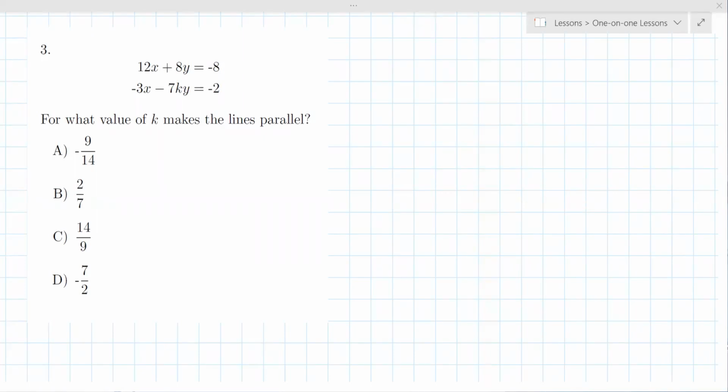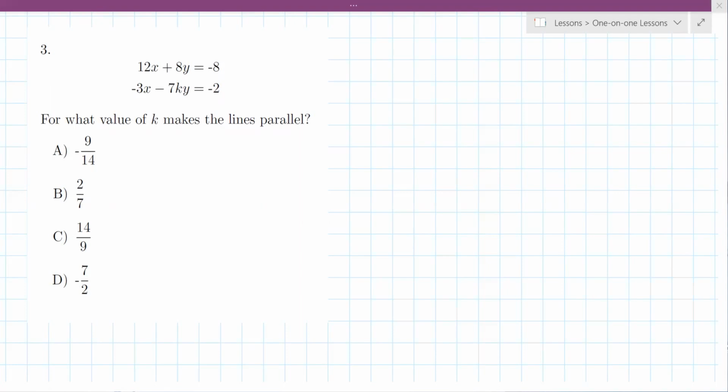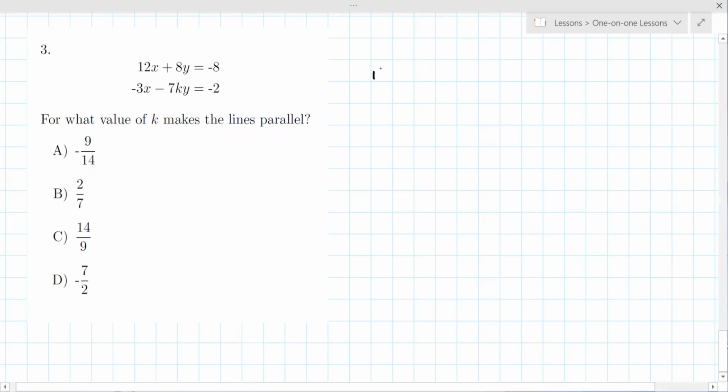I got -2/7. So maybe somewhere mine. Okay, so the closest one is B or D, and obviously there's a sign error somewhere in there. The slope of equation 1 is -12 over 8, which reduces to -3/2.